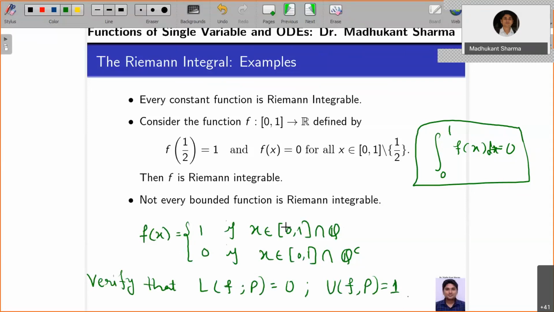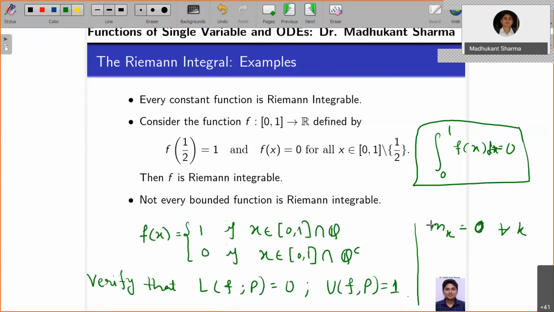Between any two real numbers, there is always a rational number as well as an irrational number. If you calculate small mk, that is going to be 0 for all k, because it is the infimum of f(x) such that x belongs to Ik. Every subinterval contains rational numbers as well as irrational numbers, so the values are 0 and 1.